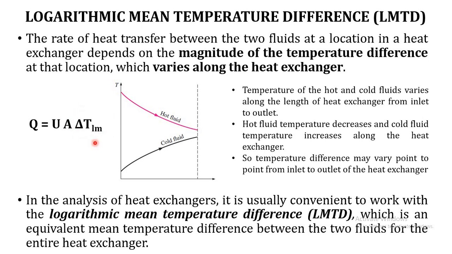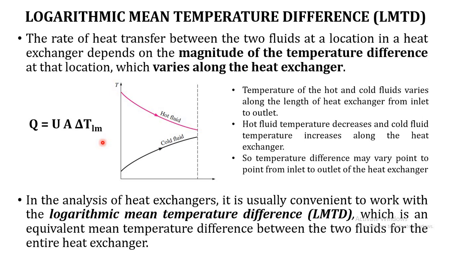It is convenient to work with an average or mean temperature difference here, which is called the logarithmic mean temperature difference. The logarithmic mean temperature difference is actually an equivalent mean temperature difference between the two fluids for the entire heat exchanger.